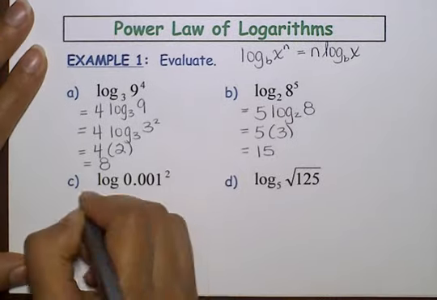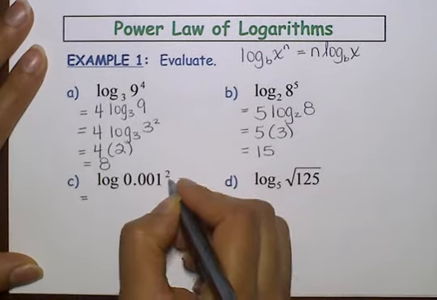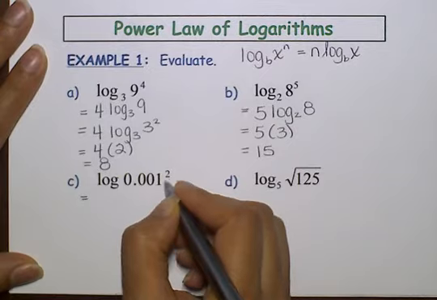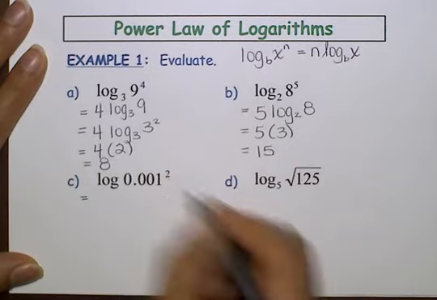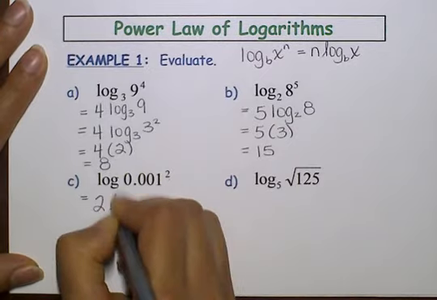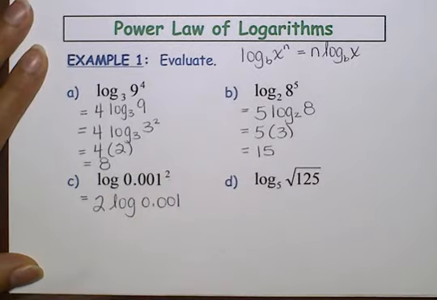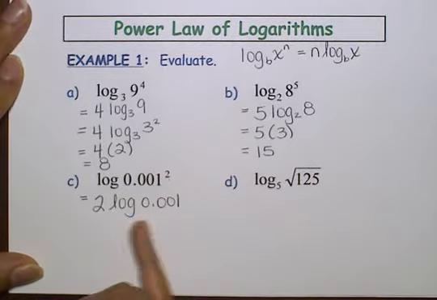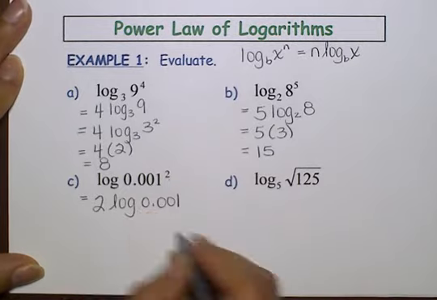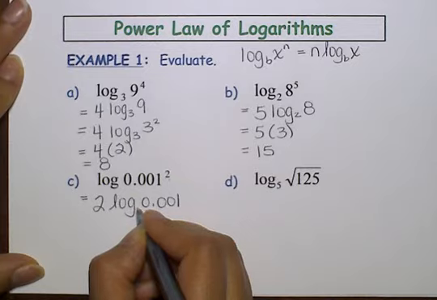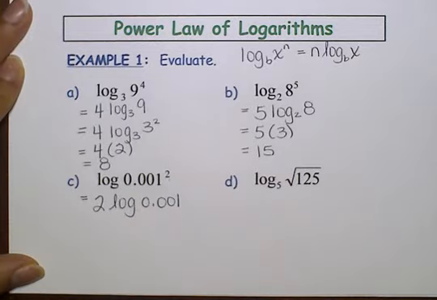In this case, again, I have an exponent applied to the argument. So I'm going to use that as my coefficient, and I get 2 log of 0.001. Now in this case, you don't actually have to think too much about your logarithmic part. Remember that when there is no base written, it's understood to be a common logarithm with a base of 10.